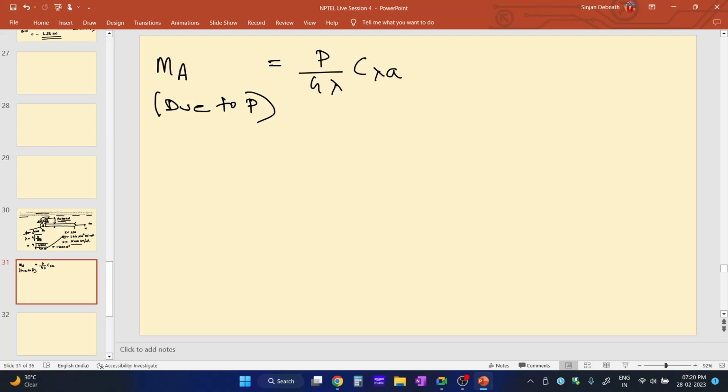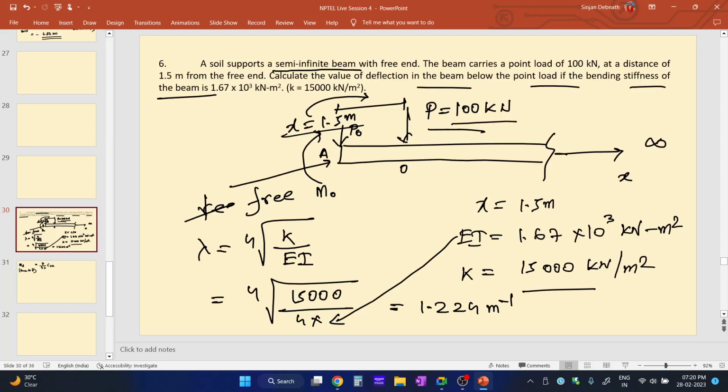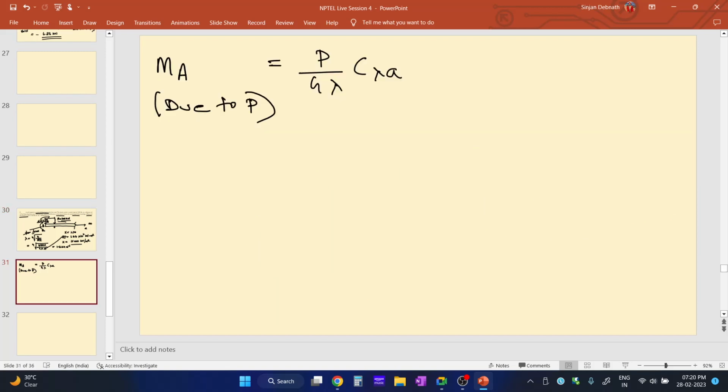And here A is 1.5 meter. The same thing: x is equal to A is equal to 1.5 meter. So P by 4 lambda into C lambda A. So 100. So what is C lambda A?